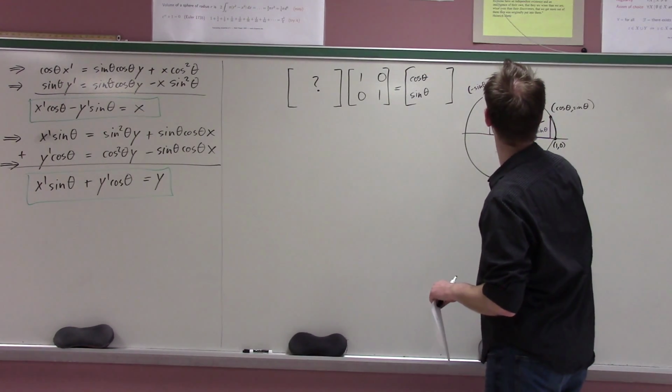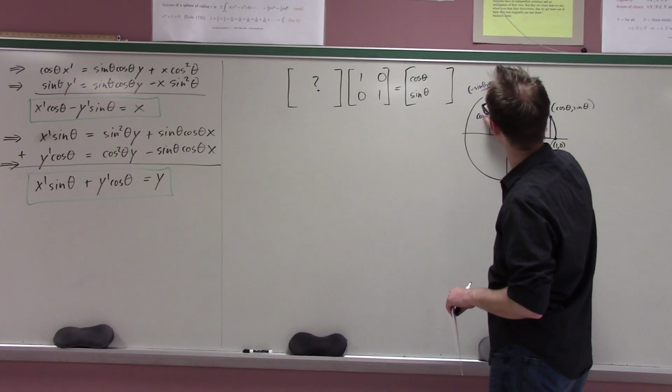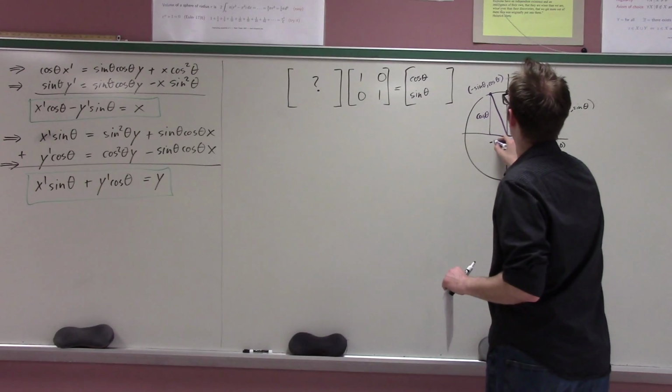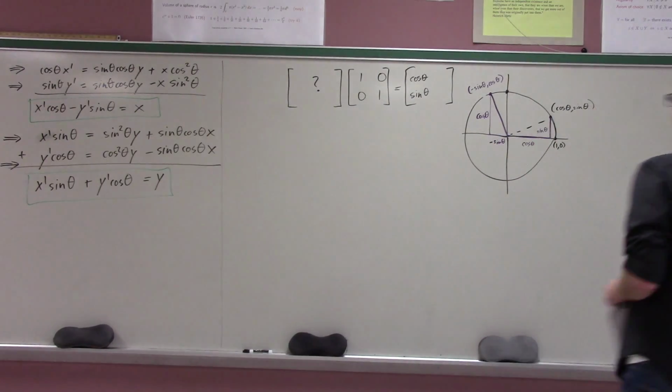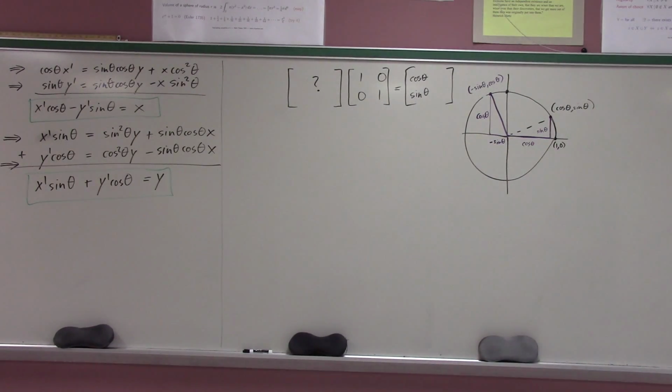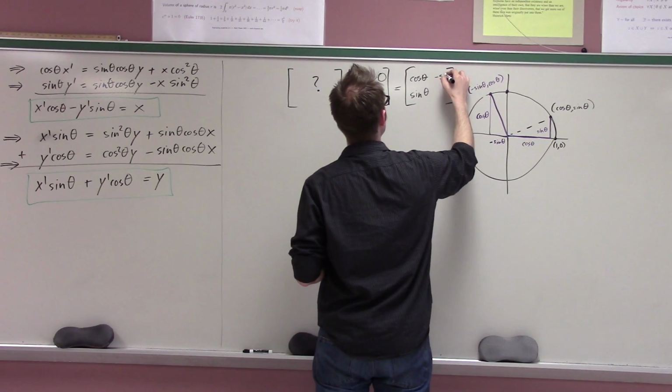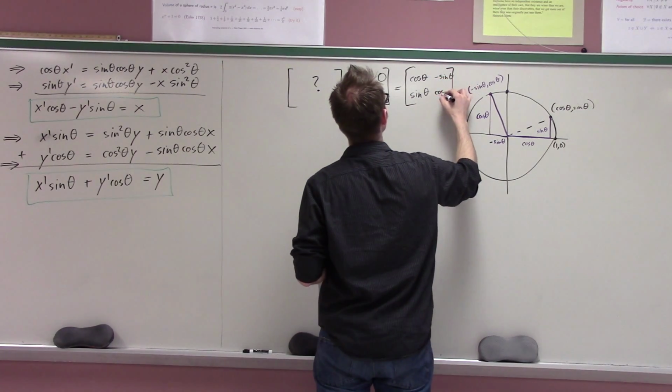Or you could do some math that actually determines that also. So since that's pretty clear and intuitive, the matrix sends 0, 1 to negative sine theta, cosine theta.